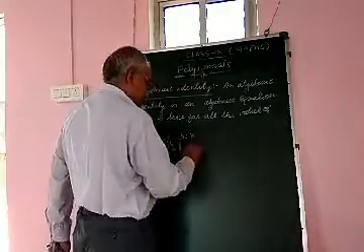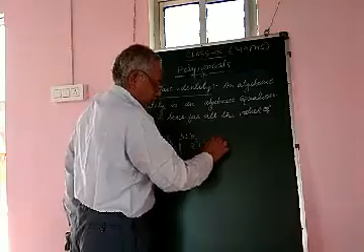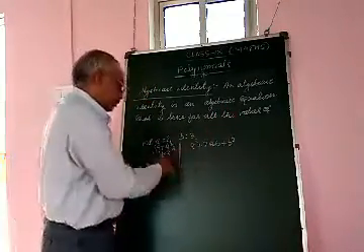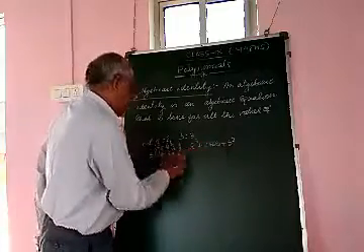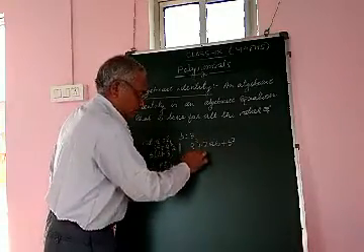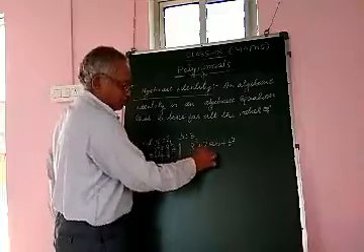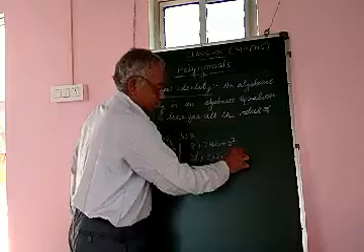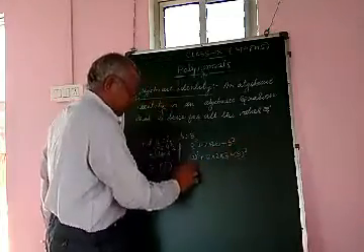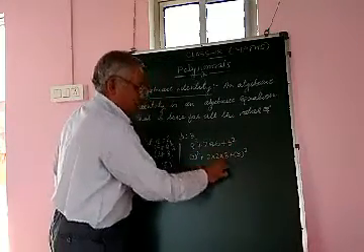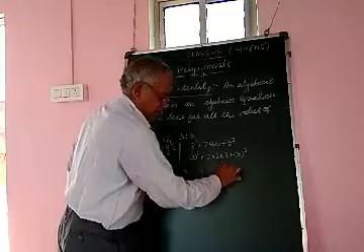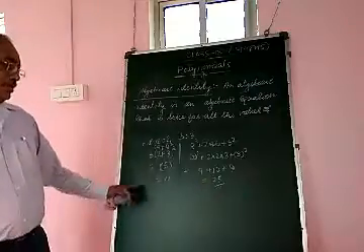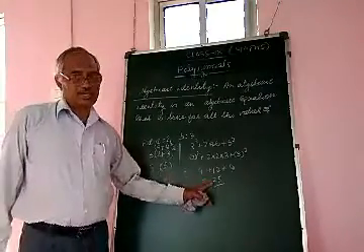And in RHS, a square plus 2ab plus b square, so again we put the same values: 2 square plus 2 into 2 into 3 plus 3 whole square. This is 4 plus 12 plus 9, and this sum is again 25. So here LHS is equal to RHS.